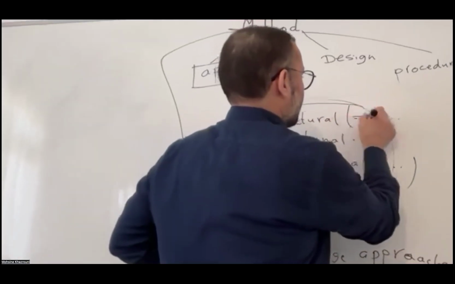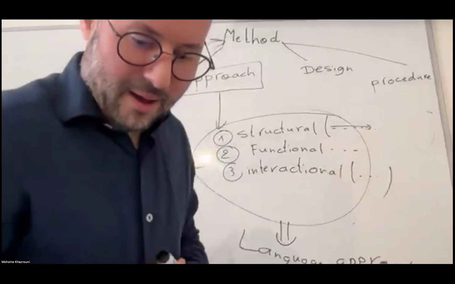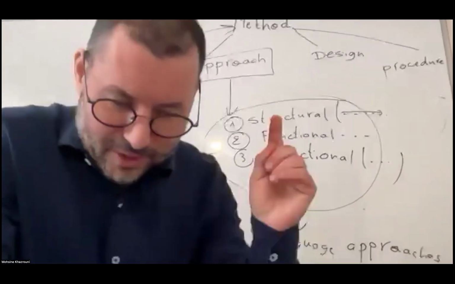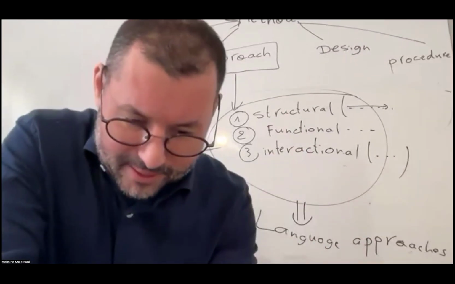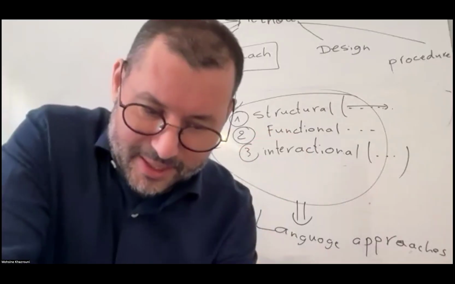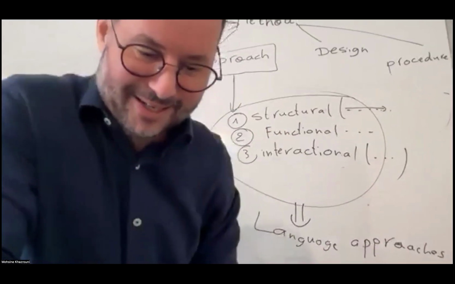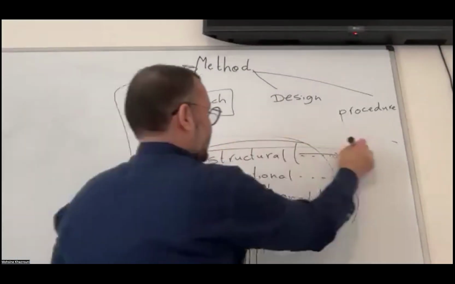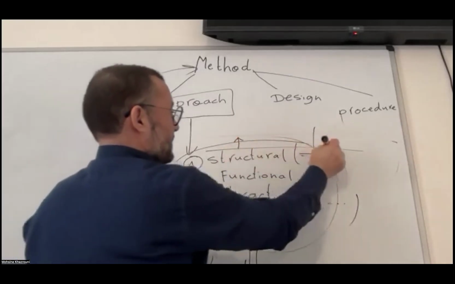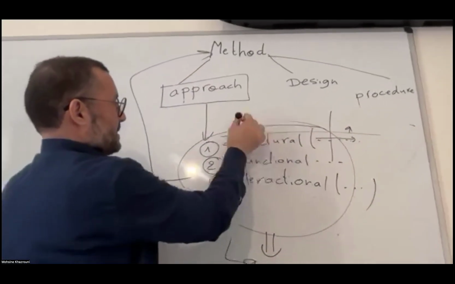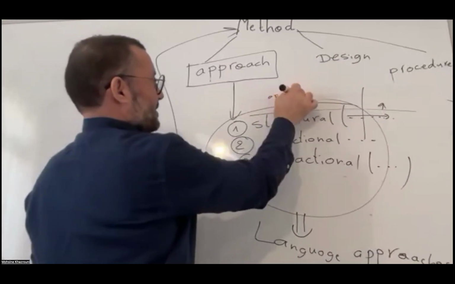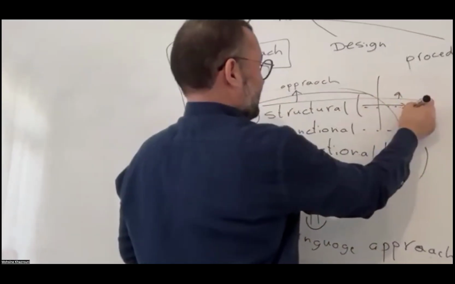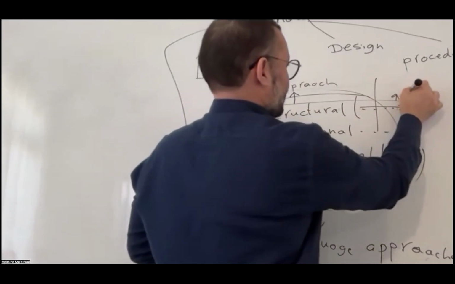As we see in chapter 4, the audiolingual method embodies this particular view of language. So the audiolingual method embodies this particular view of language. What does this mean, Yasmin? So if you can see here, this is an approach, and the audiolingual method is a method.